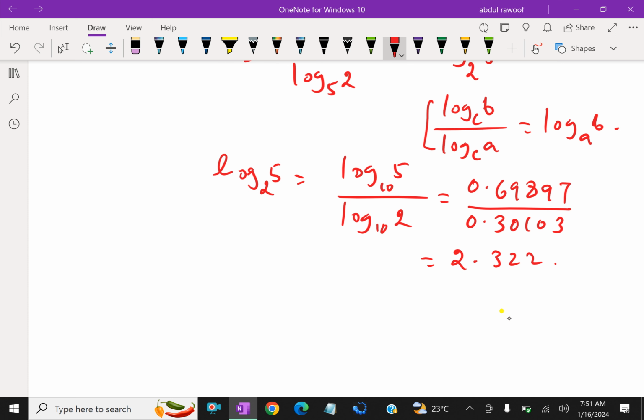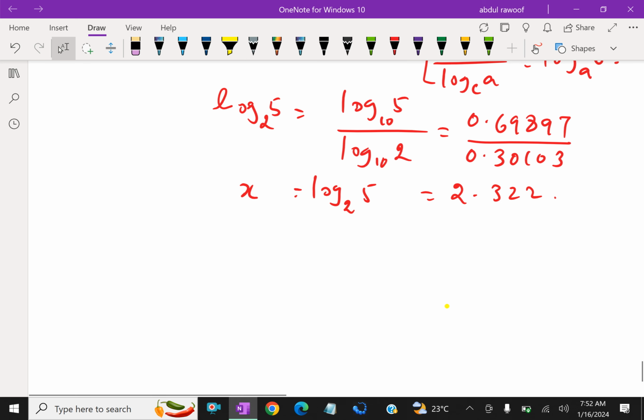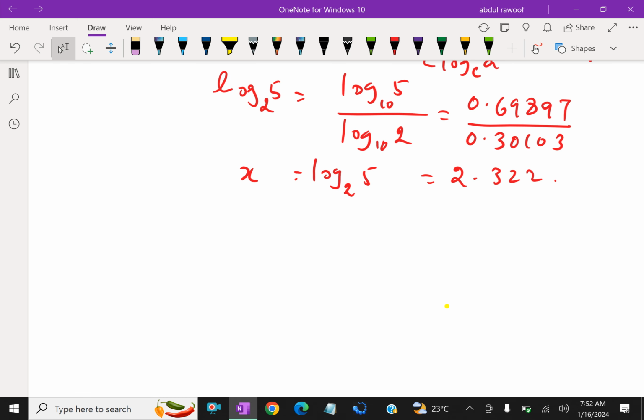So log base 2 of 5 is x. We got the x value; this is a solution of this equation.